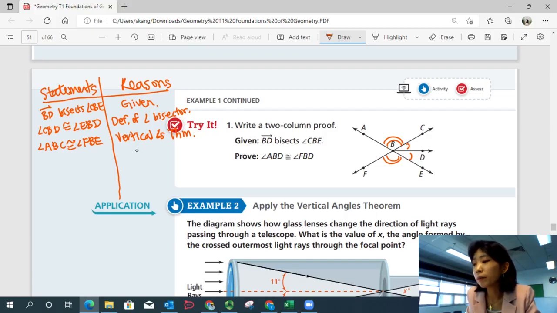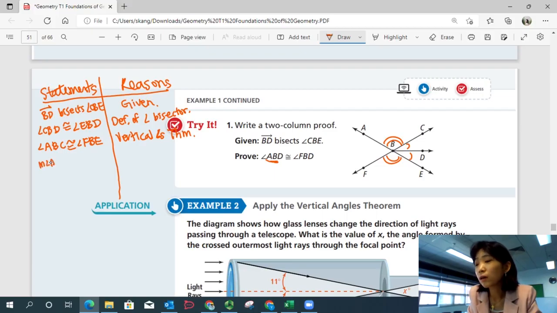What's the next step? Now, using these two facts that we concluded using deductive reasoning, we're going to use angle addition postulate. What is ABD? ABD is angle ABC and CBD added together, right? We're going to add these two to get angle ABD, add these two to get angle FBD, okay?